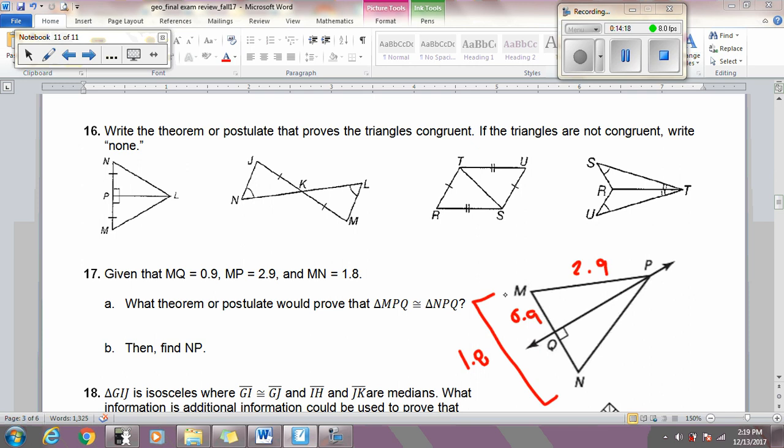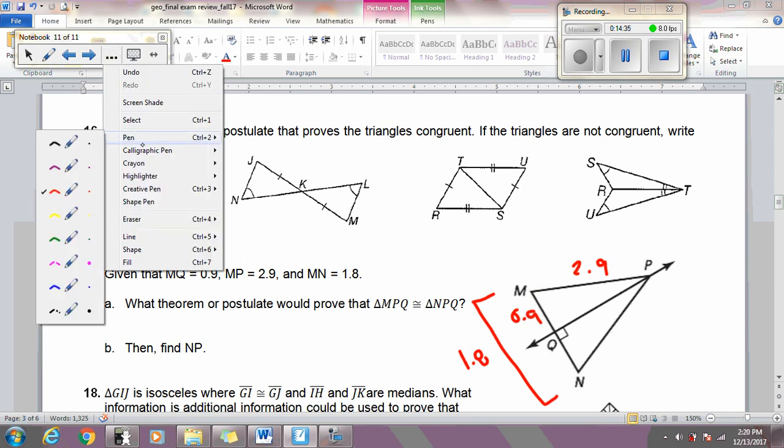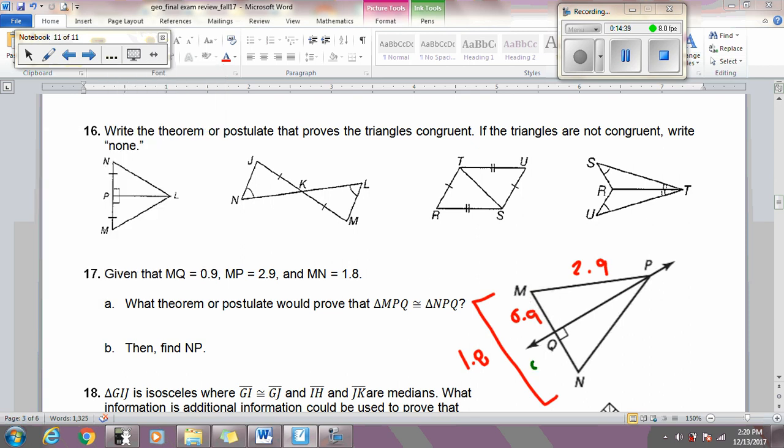All right. So first of all, we know the total distance from M to N, and we know part of the distance. So if I take the part from the total, so 1.8 minus 0.9, I would end up getting 0.9 again. This is 0.9 as well, so that means these 2 are congruent.